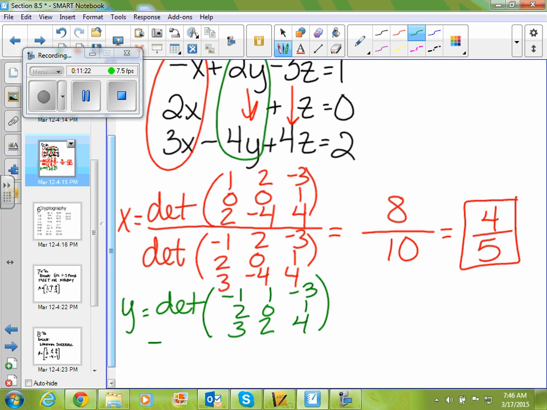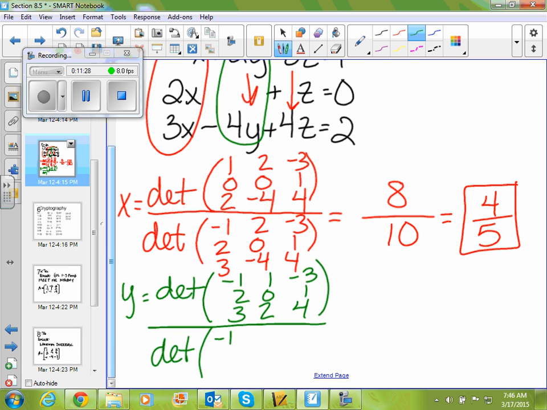And then I divide that by the determinant of my coefficient matrix, which is -1, 2, 3, 2, 0, -4, -3, 1, 4. And you already figured out that the determinant of that bottom matrix gives you 10.